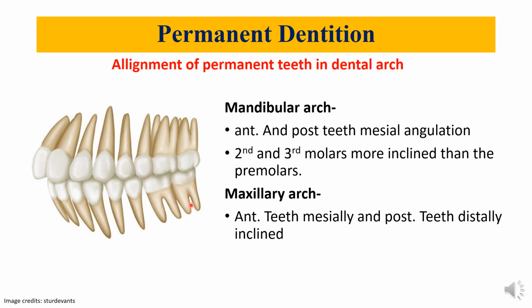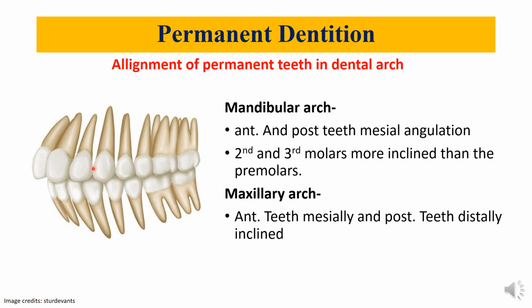And not only that, the second and third molars, and the third molar is not shown in this diagram, but the second and third molars are more inclined than the premolars. You can appreciate that from the root side. They have more mesial angulation than the premolars, isn't it?